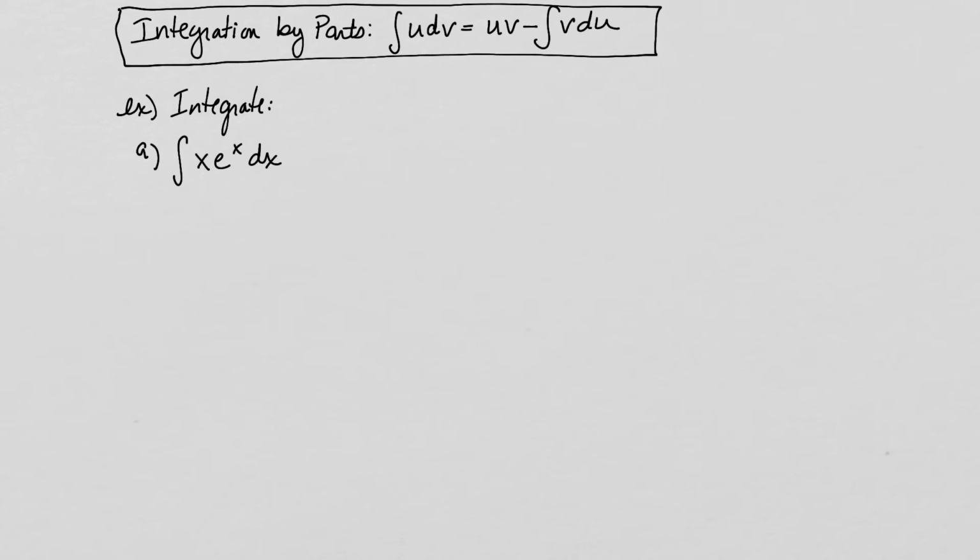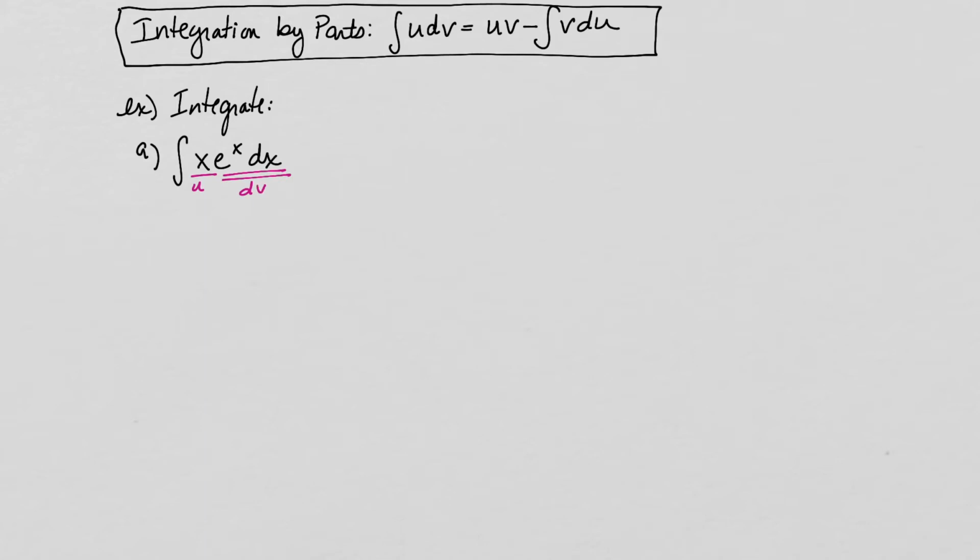A lot of times, if we can make the u get, I hate to use the word smaller, but simpler as we take a derivative, that's helpful. If I take the derivative of x, I just get 1, and 1 is simpler than x. So we're going to try letting x be our u, which means everything else here would be our dv.